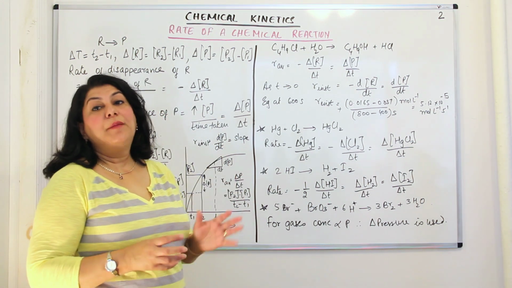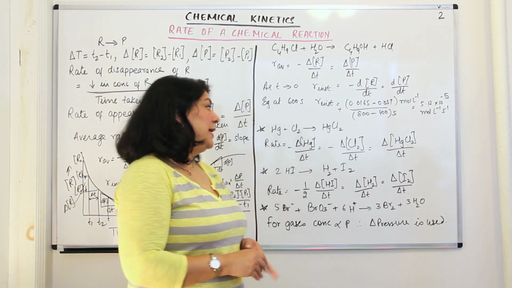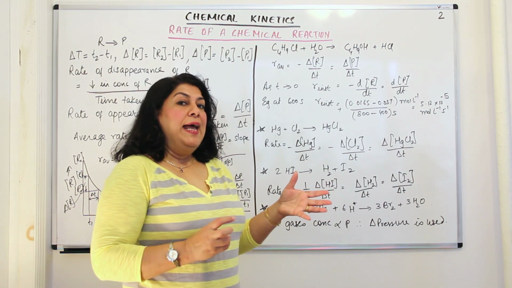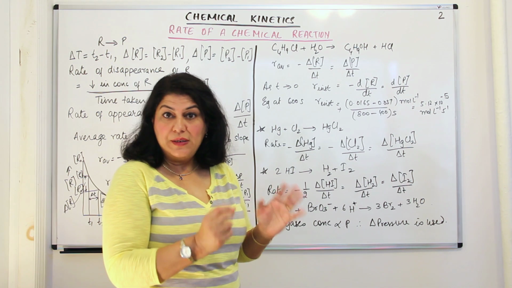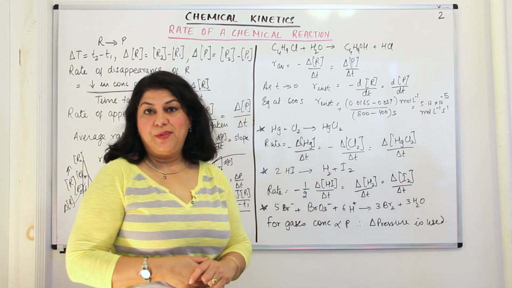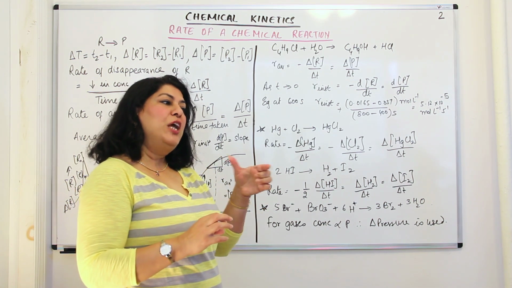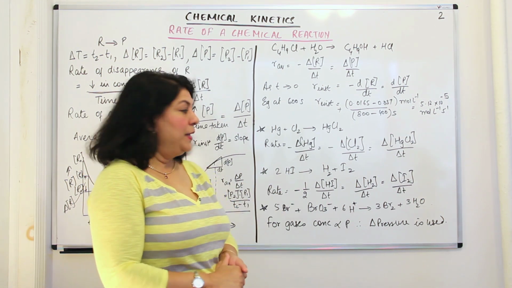Now we take chemical equations which have different stoichiometric coefficients, that is, not everything is single moles. How does that affect your calculation of the rate? You have 2HI giving you H2 plus I2. We said that the rate of a reaction is the rate of change of concentration of a reactant divided by the time taken.